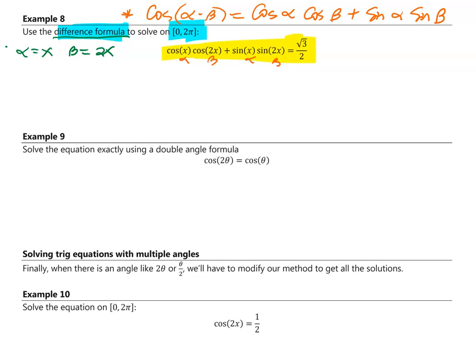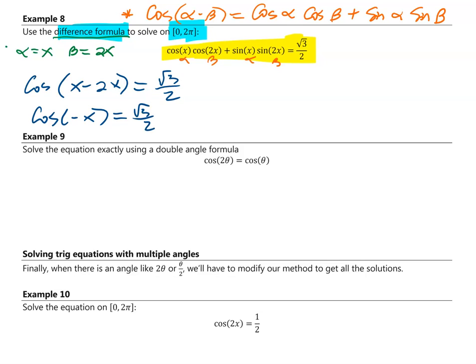So we can say that this is cosine of alpha minus beta, that is x minus 2x, is equal to square root of 3 over 2. And x minus 2x is negative x, so cosine of negative x, that is cosine of x, is equal to square root of 3 over 2.